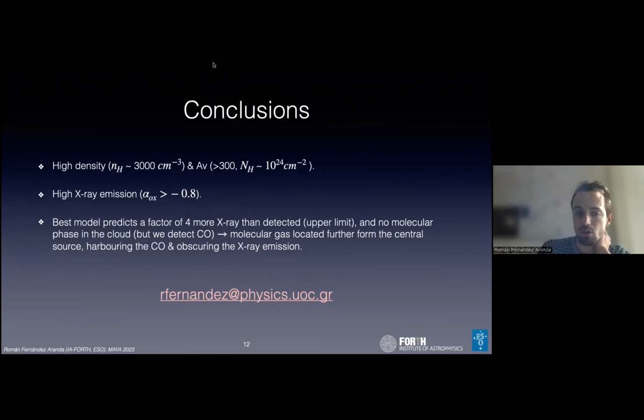What we are using to compare with the observations is the output of Cloudy. We have the emission of the X-rays, and we have what we would observe through the cloud. And that's what we are using to compare with the observations. And we find that it's 4 times higher than the upper limit that we have.